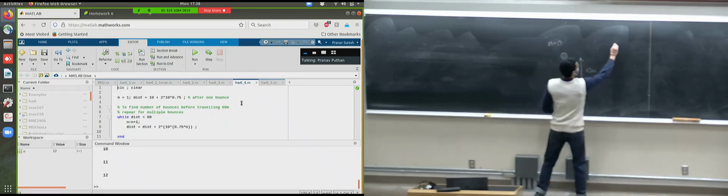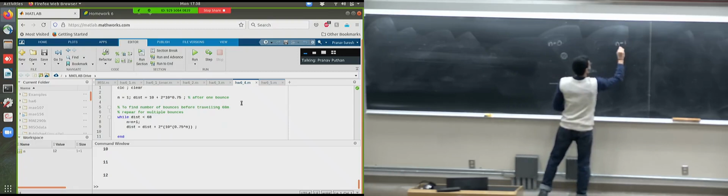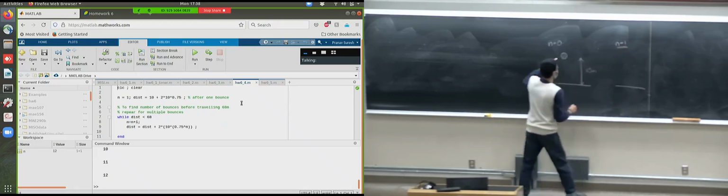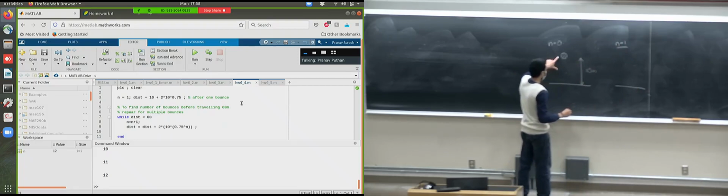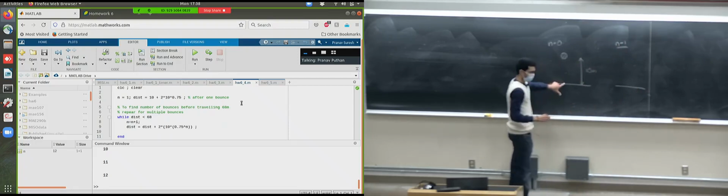Now, at n equals 1, what happens is the ball bounces, travels 10 meters, and then it goes back to 3/4 of its height, and then comes back again.